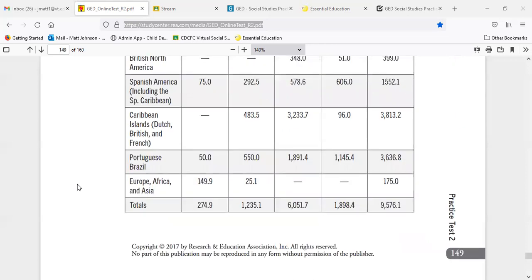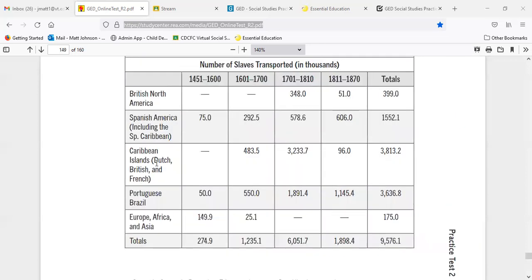And then with the table, we see their peak at 348,000 between 1701 and 1810. And we can see that same visual in the table, with a severe drop in British North America, declining really quick again.